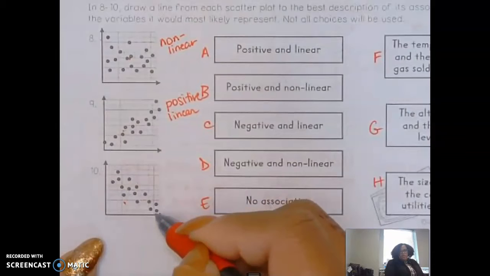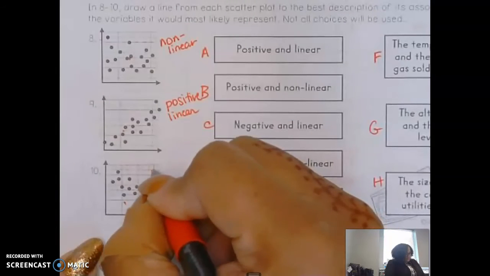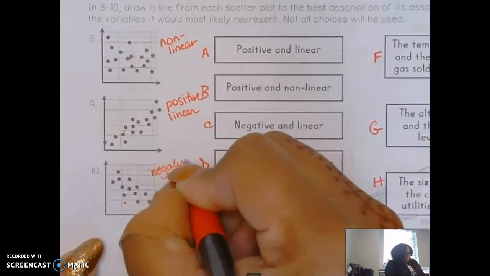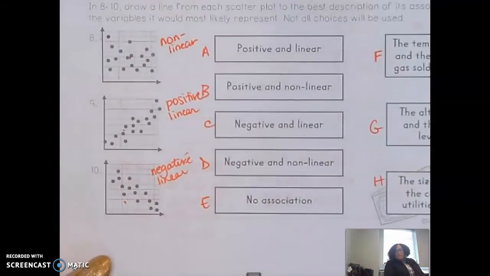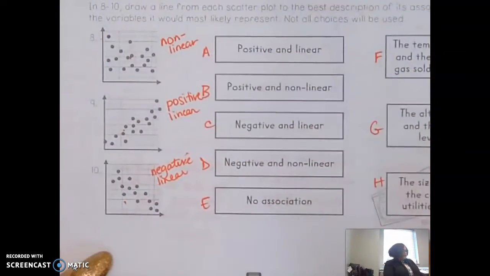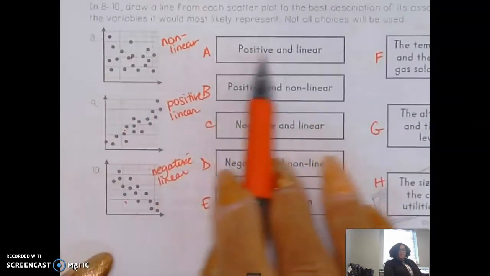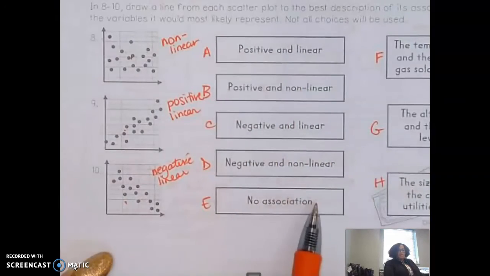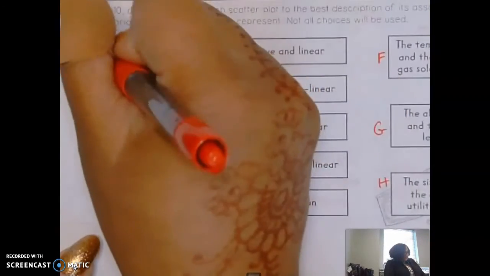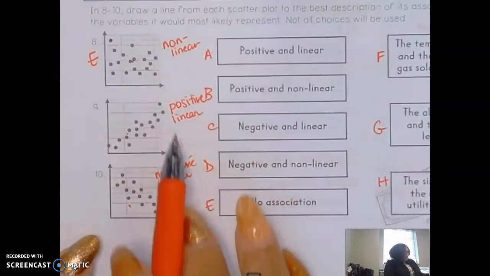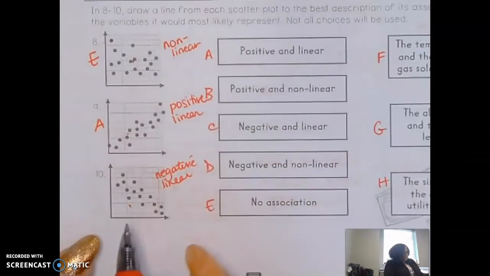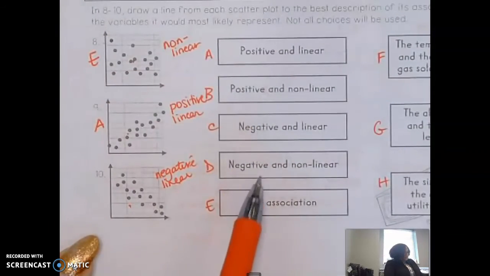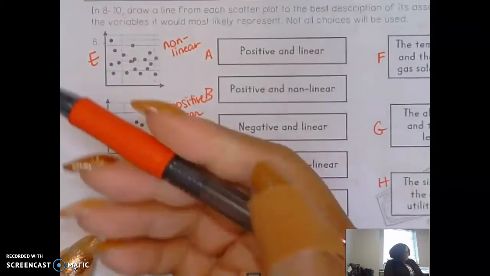And this tends to go downward. So this is negative and linear. All right, so let's see the descriptions here that match. So nonlinear, let's see, no association right here, E. Positive linear, that's A. Negative and linear, right here, C.